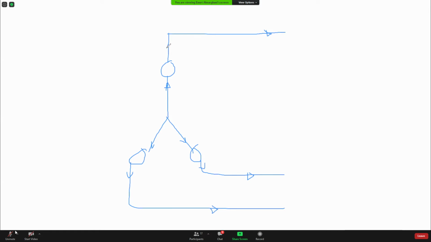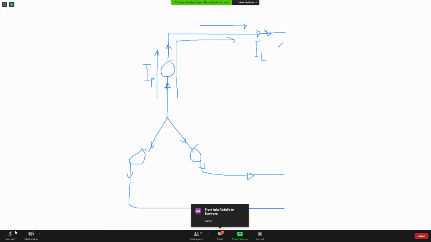The current going through the source, we call it I phase. The current in the line, we call it I line. Now, what is the relationship between the phase current and the line current here? Are they equal or not? They're the same because the current going here is going to go here. So I line equals I phase. This is for Y connection.